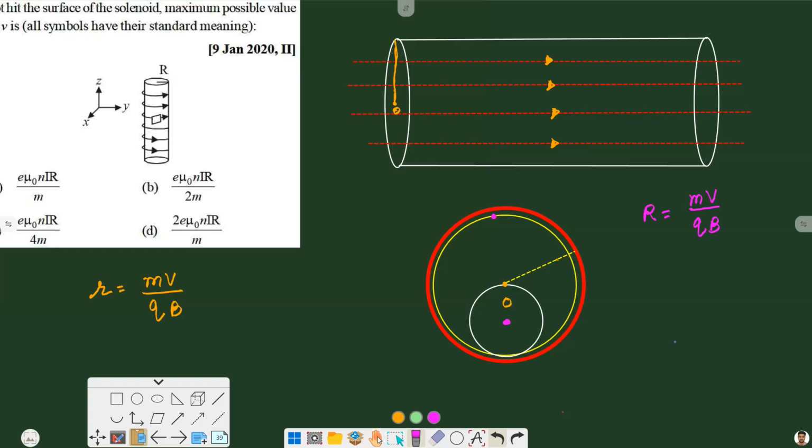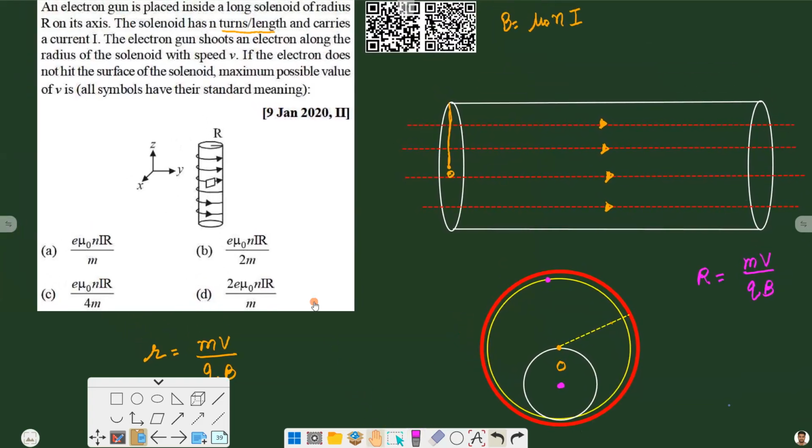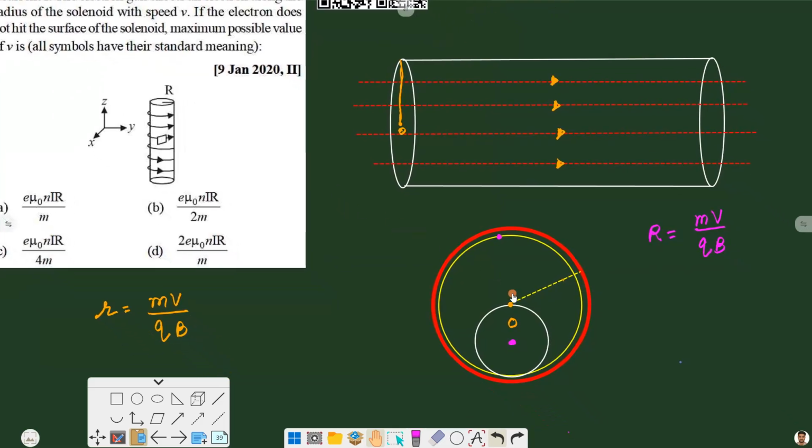But as mentioned in the question, the electron gun shoots an electron along the radius of the solenoid. So here we are assuming that the gun is at the center. So when it shoots the electron, the electron is initially at point O. So when it is at point O, it cannot have the radius equal to r, because if it had radius r, then its path would look something like this.